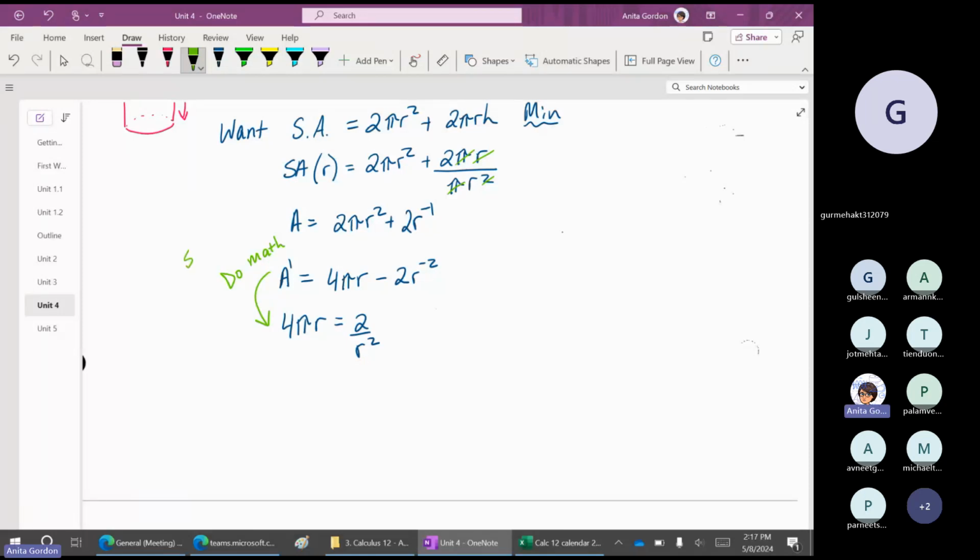Okay. Right? Set to 0, then do math. There you go. Okay. Skip another few steps. R equals cube root of pi by 2 or 2 over pi?